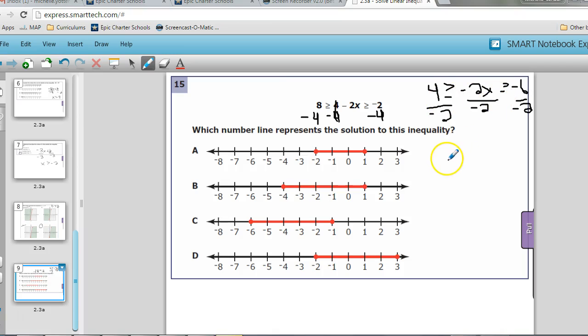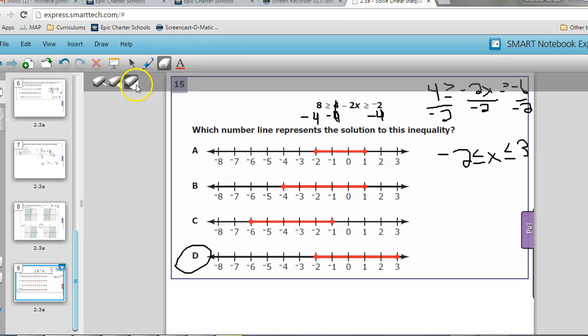Okay, we divided by -2, so we've got to flip all of our signs. So we're going to have -2, flip our sign, x, flip our sign, 3. So x is between -2 and +3. So D.